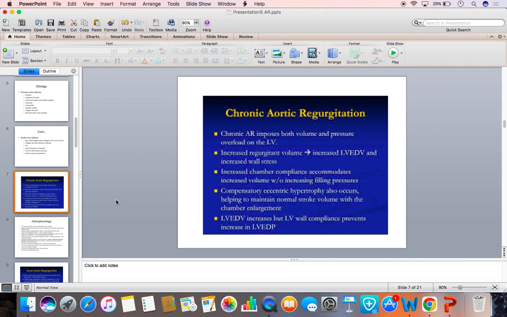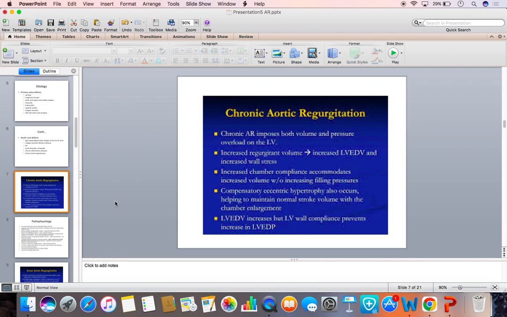The left ventricle responds to this increase in left ventricular end diastolic volume by chamber dilatation and eccentric hypertrophy.